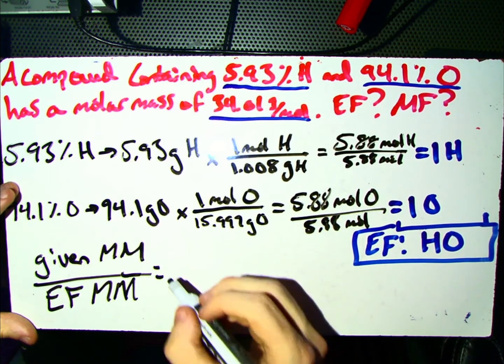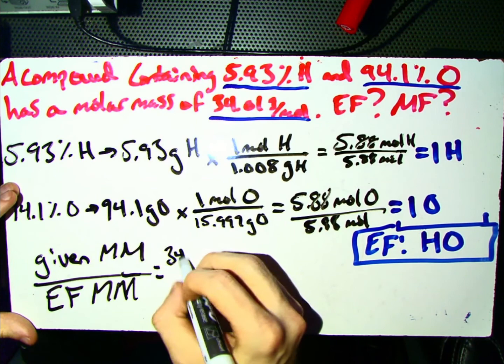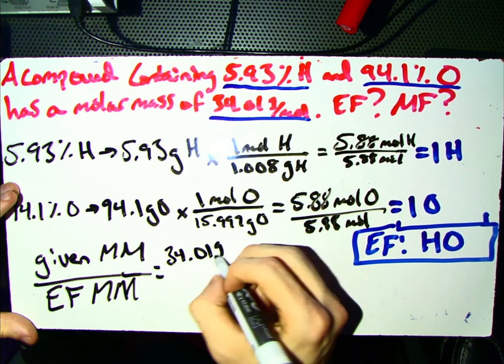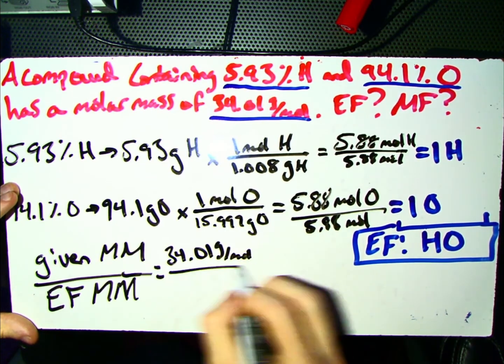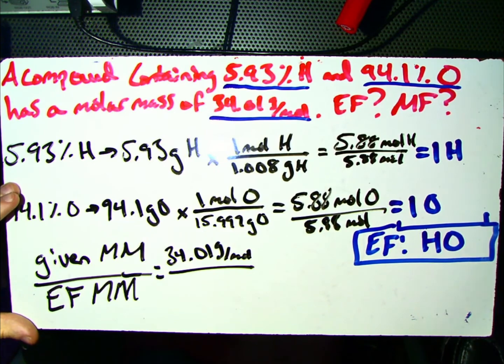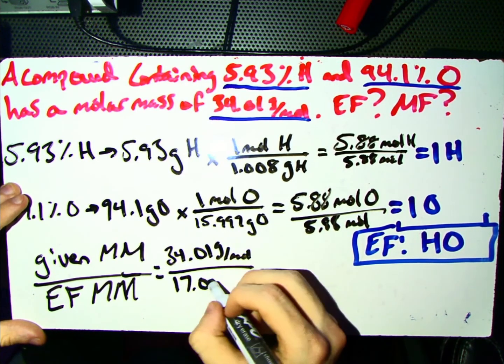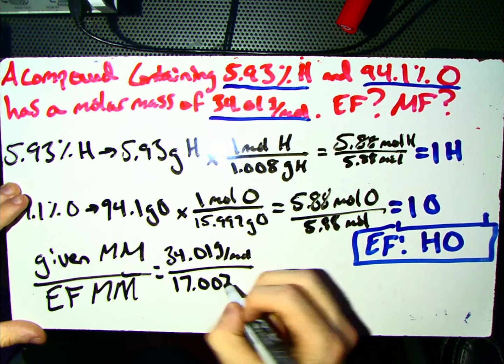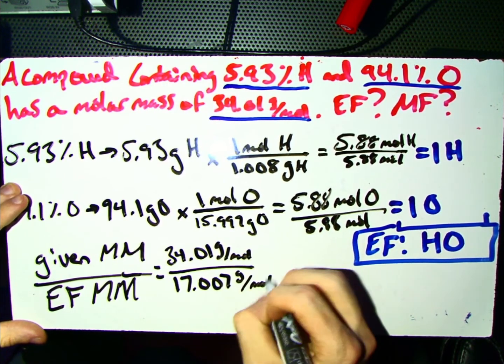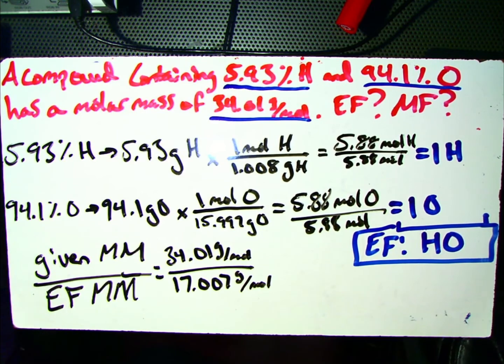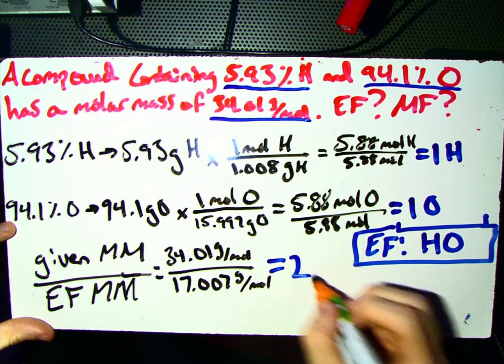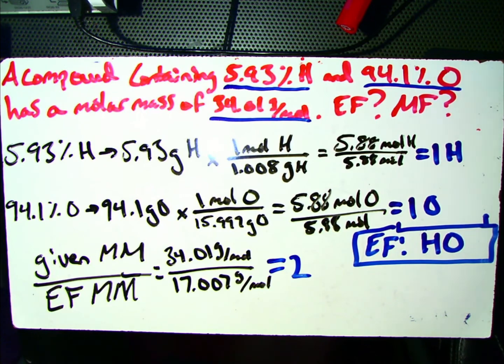So our given is 34.01 grams per mole. And the molar mass of HO is 17.007 grams per mole. If you do that math on your calculator, you should get 2. And what are we going to do with that number 2?